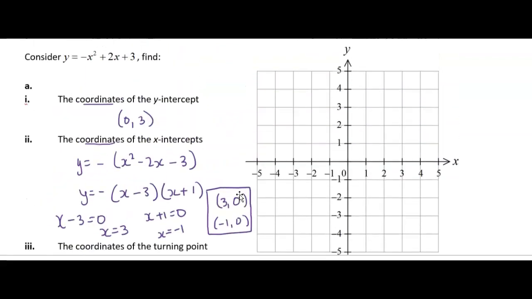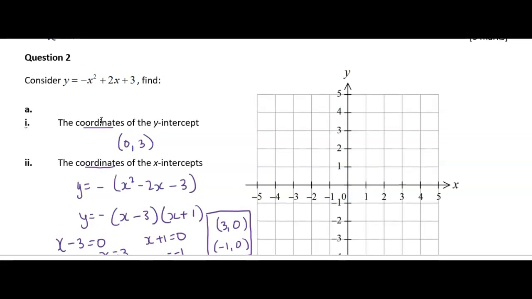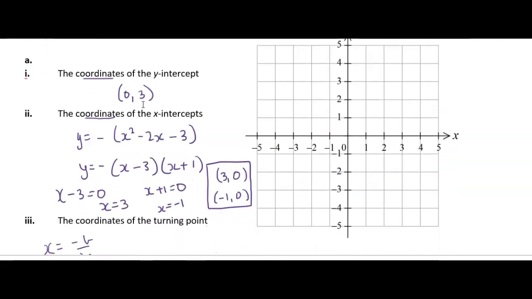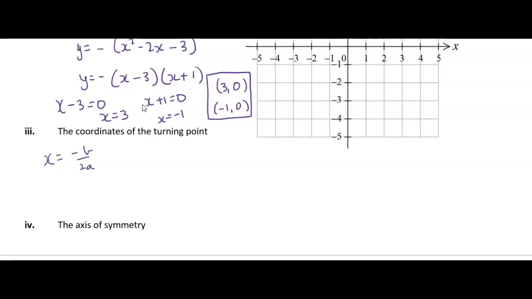So let's have a look at both of them. So the value of a is -1 and b is 2. So let's substitute them in. So b is 2 and a is -1. So we're going to have x equals -2 over -2, which gives you x equals 1.